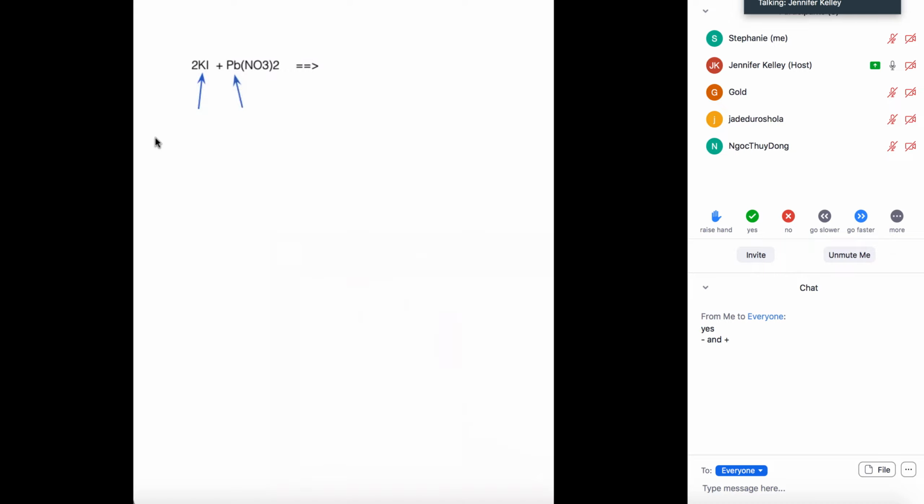Good. So that means that instead of potassium iodide, I'm going to have potassium nitrate. And instead of potassium lead nitrate, I'm going to have lead iodide.